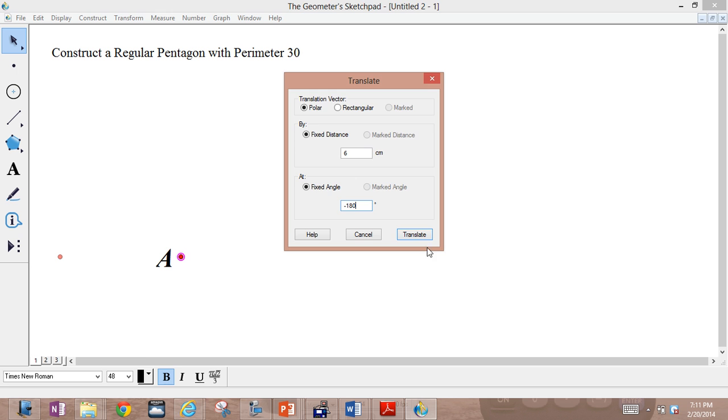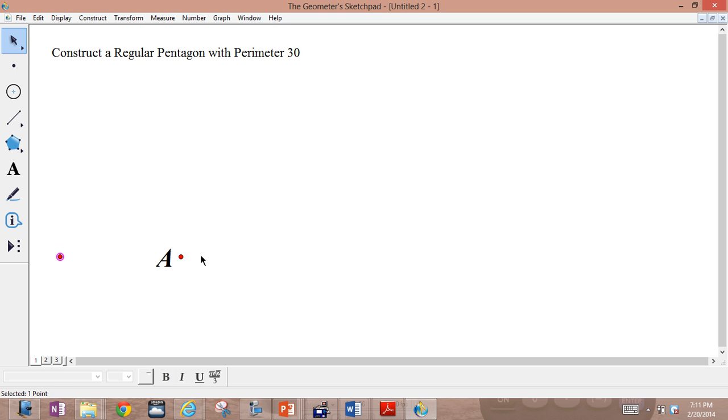So we'll translate it. There it is. Now the length is 6 and it will always be 6. If I don't like it there, let's move it over. So here's my length of 6. Now all sides will be exactly 6 units.